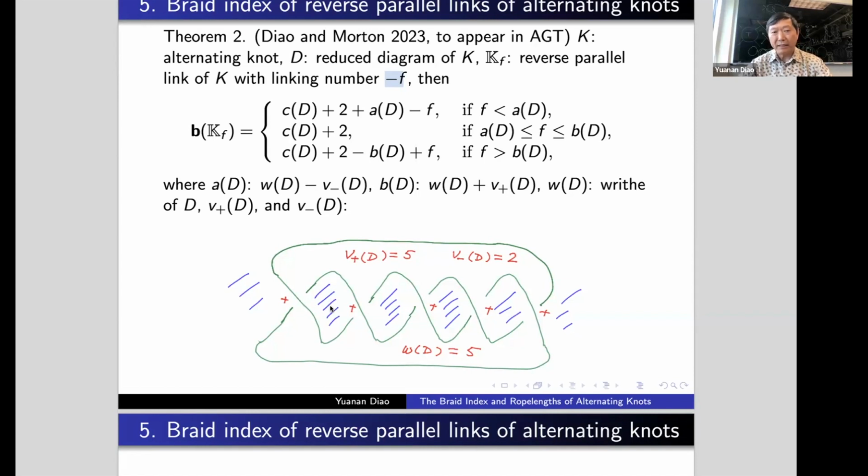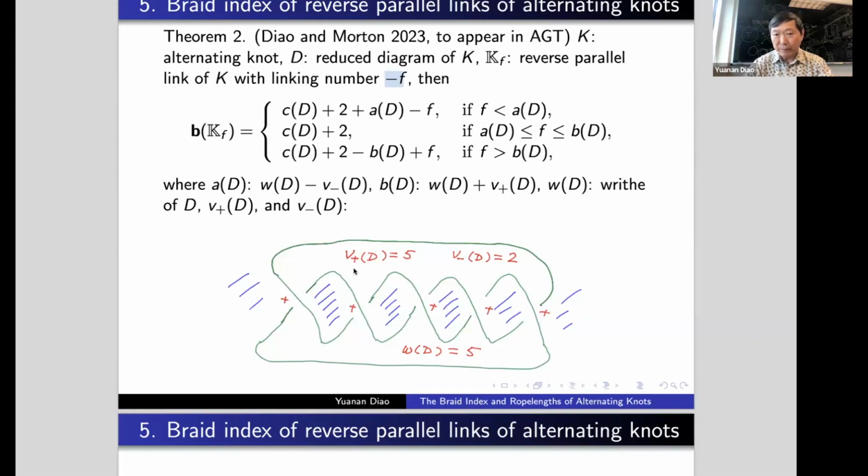So what do I mean by positive in terms of shading? If you do a right-hand rule, you put your right hand over the over strand at the crossing and rotate with your thumb up, you will be rotating into the shaded region. That's positive. In this example, I have 5 shaded regions in this shading with all crossings being positive.